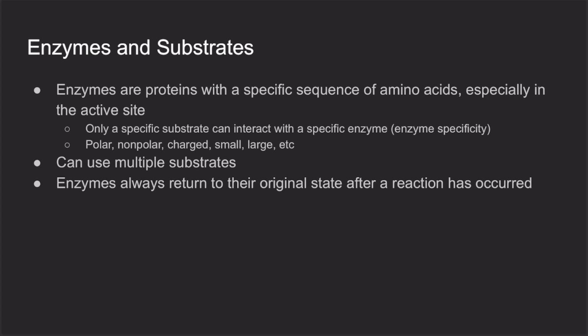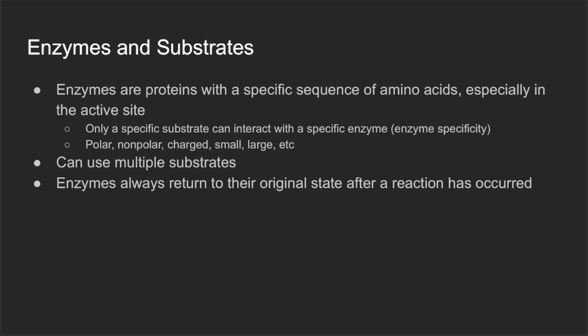All right. I have a few more things I want to talk about. Like I said, enzymes are proteins with a specific sequence of amino acids, especially in the active site. I want to highlight the active site. If you have a bunch of non-polar amino acids in your R groups, is it likely you're going to be reacting with a polar substrate?